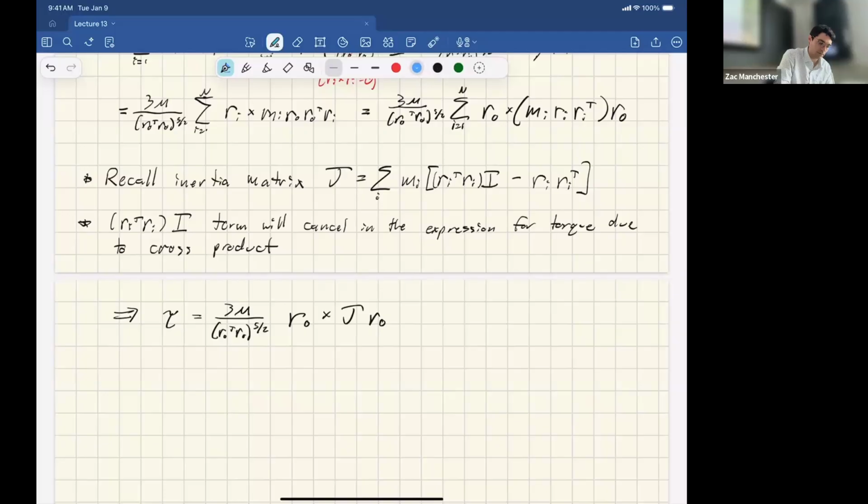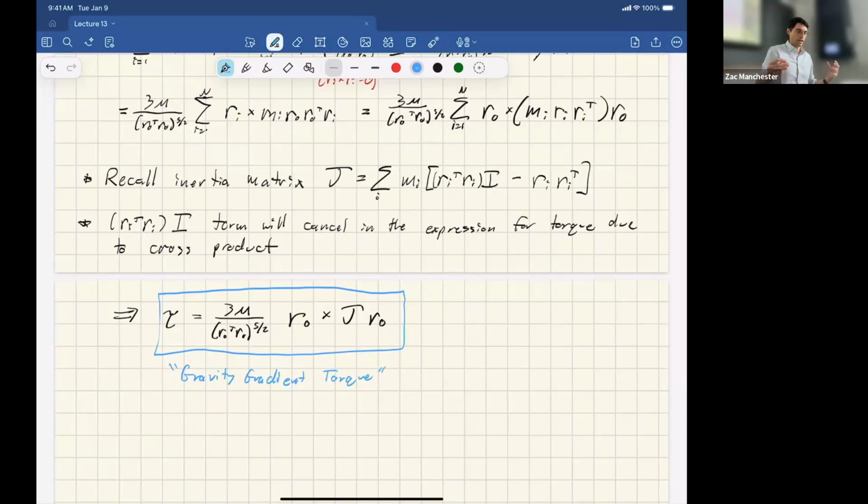Okay, and that gets a box. And this is what we call the gravity gradient torque.